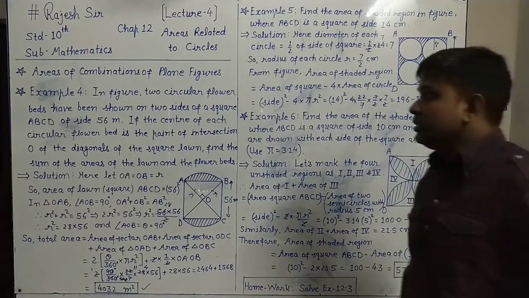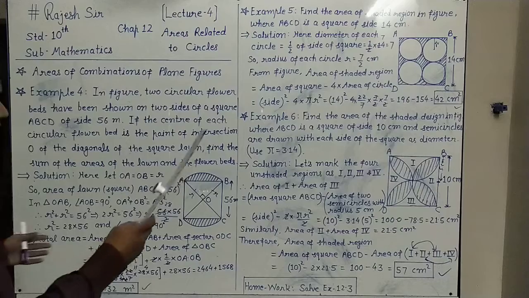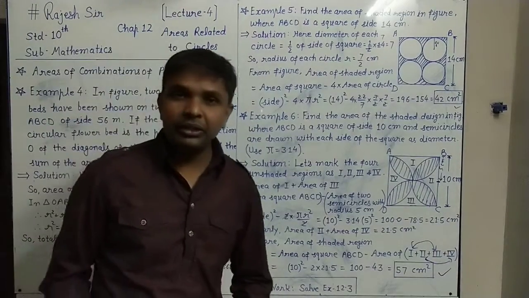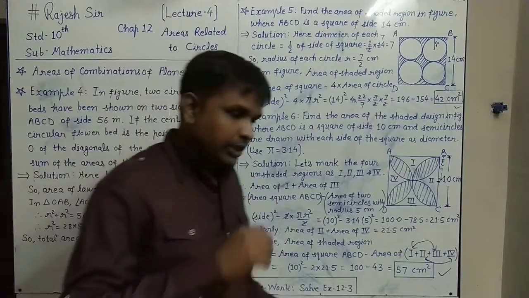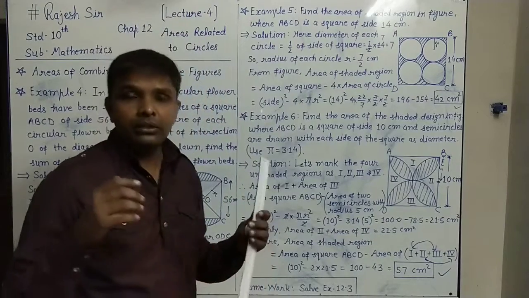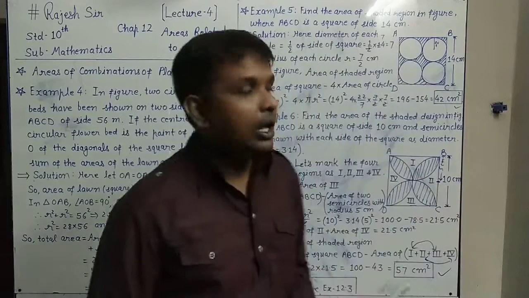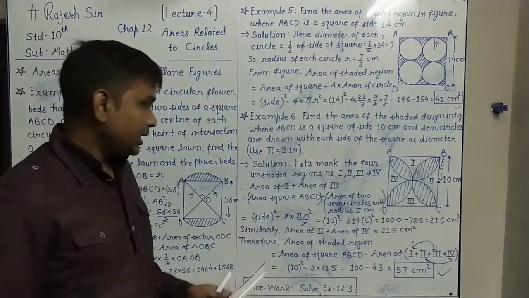So after seeing the areas of combinations of plane figures, related examples 4, 5 and 6, in all types of examples you have to understand the figure, and you should know everything about the area of a sector, area of a segment, area of a triangle. See the figure, identify the shaded region and understand the unshaded region, and with that understanding you can do the sum and get the answer.